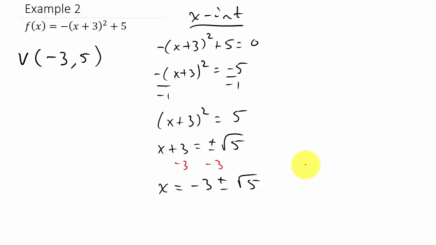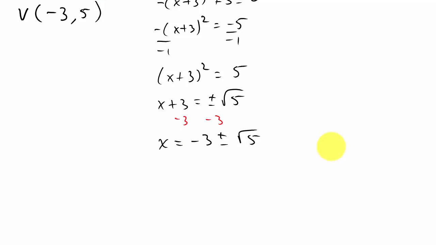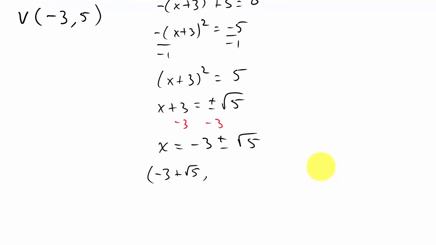All right, now, so my x-intercept, okay, my x-coordinate is -3 plus square root of 5. That's the x-coordinate. And then my y-coordinate, remember, we let f of x be 0, so I let y be 0, and so that would be 0.